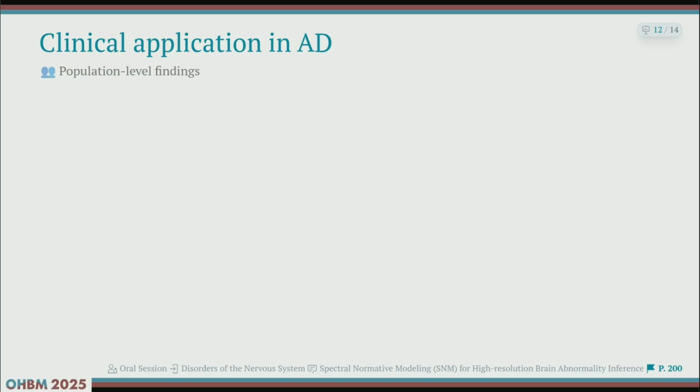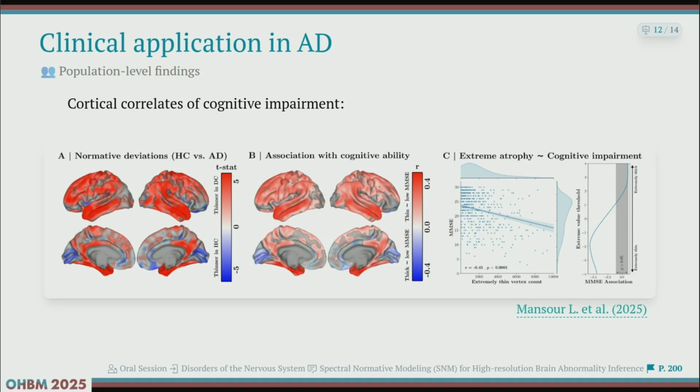First, we looked at population level findings. We looked at whether the cortical correlates of Alzheimer's disease, and particularly the cortical correlates of cognitive impairment, could be recovered using this method. So we could replicate previous works, showing a widespread cortical atrophy happening in those with Alzheimer's disease in panel A. So all those red regions are significantly thinner than what's in a normal population.